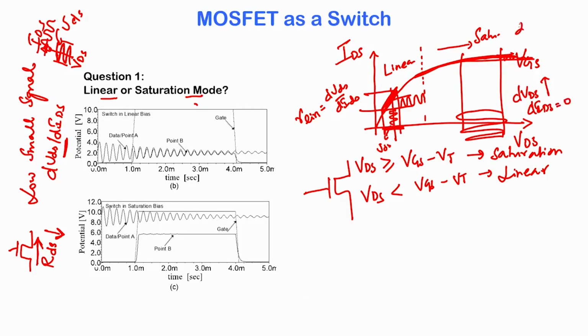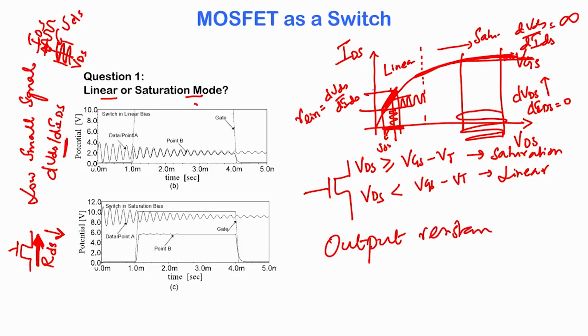And what is dVDS by dIDS in saturation? It is going to be infinite. Therefore, the small signal resistance for a MOSFET in saturation is infinite, and this resistance is something called the output resistance of the MOSFET.